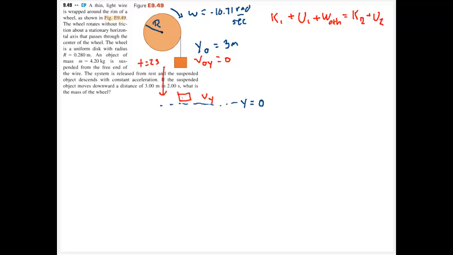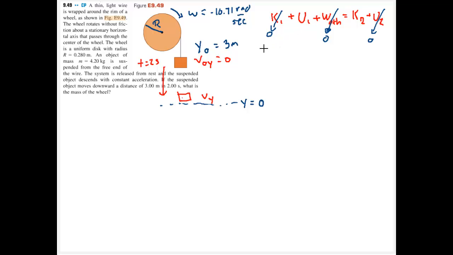Initially this system was at rest, so it had no kinetic energy. There are no other forces, there's no friction here, so that term drops out. And lastly, I am finishing at my y equals 0 point, so I have 0 potential energy at the end of my motion.